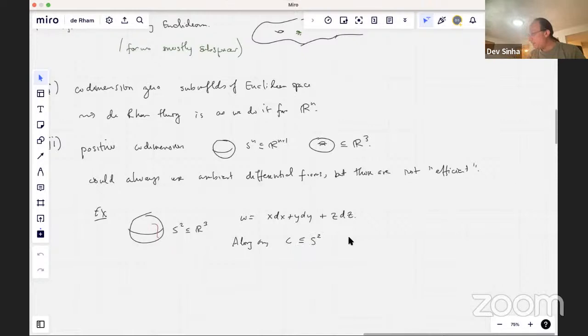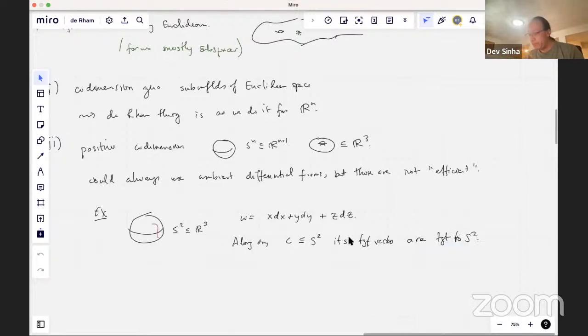Its tangent vectors are tangent to the curve, so tangent to S2 as well.